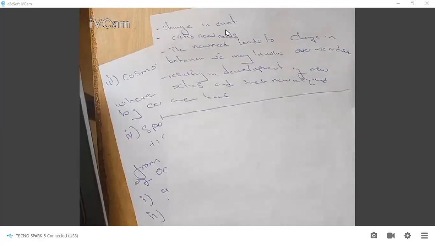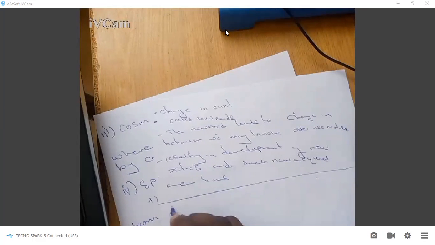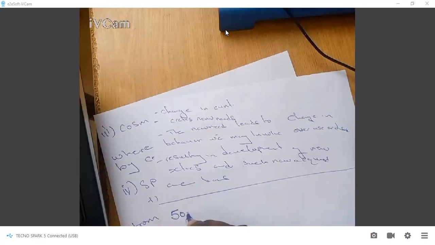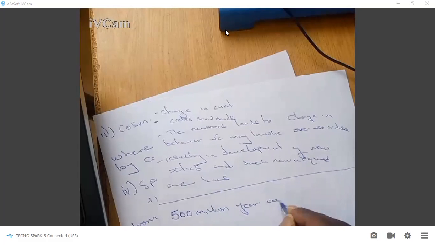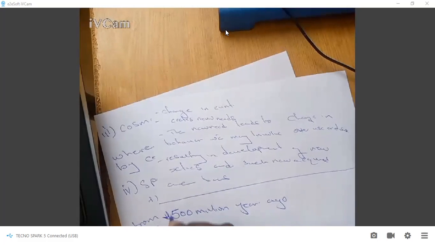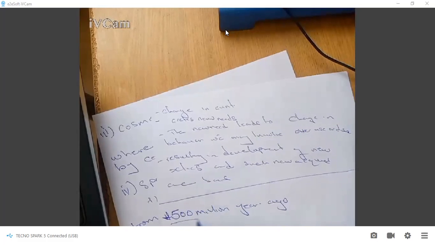Okay. Now, we look at it generally. It is believed that 500 million years ago, the conditions on the earth were so different from those today.